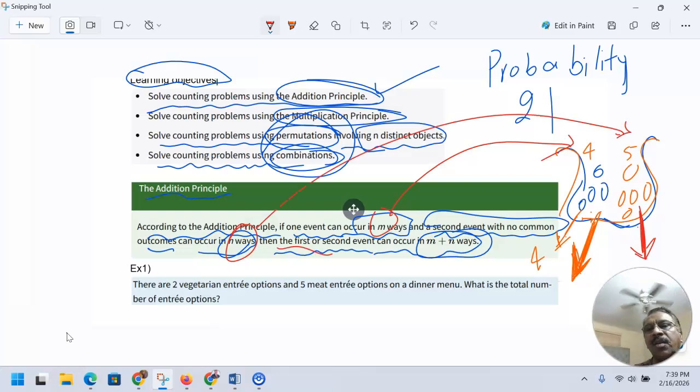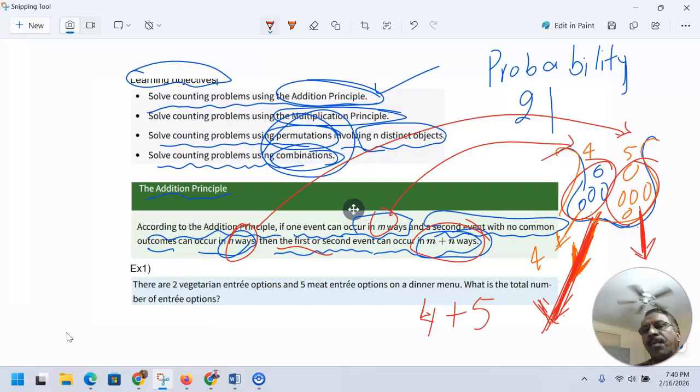So m is four possibilities, and n is five chances to get a red. Then either the first or the second means that when you pull out a marble, it is going to be either red or blue. Because there are four blue and five red, it is four plus five, which is nine, and that is called the addition principle.